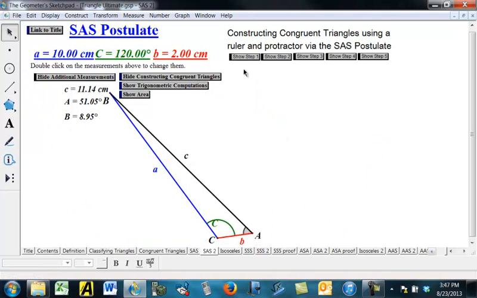So that sort of steps you through how you would do it by hand, or in Sketchpad if you had to build it up.